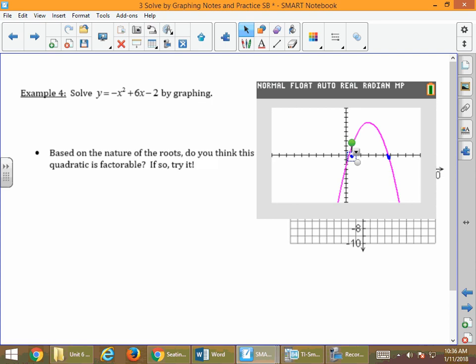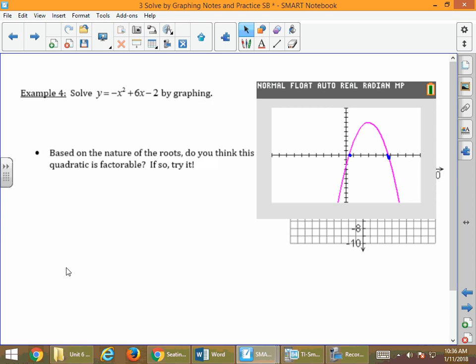I'm trying to move that point so it's on there and it doesn't want to move. Alright, but hopefully you get the idea. Sorry, there, moved a little. There we go. So based on the nature of the roots, we need to figure out if it's factorable or not, but we got to find the roots first.